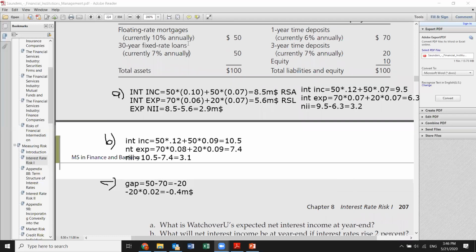Now, when we say rate sensitive assets, we only consider this part. This is only floating. The fixed rate cannot be a sensitive asset, okay? Because it's fixed for long. And for liabilities as well, it's up to 1 year deposits. In the question it says, what if the rate sensitive asset and rate sensitive liability change?